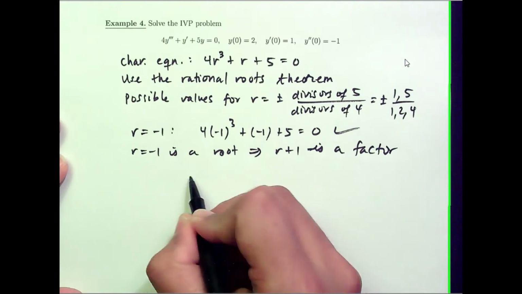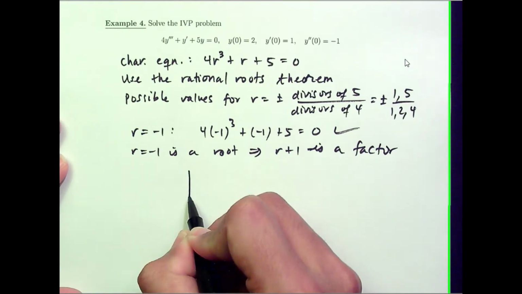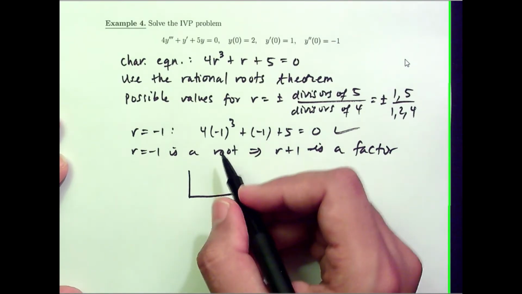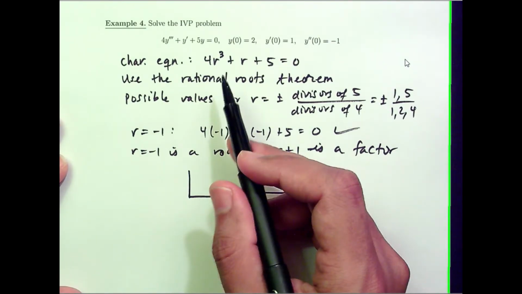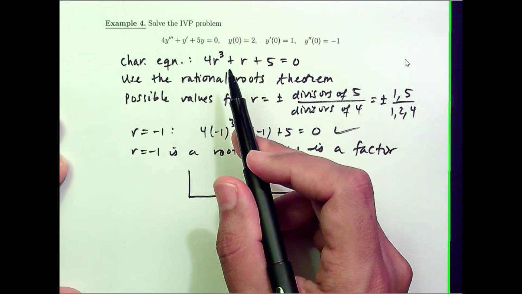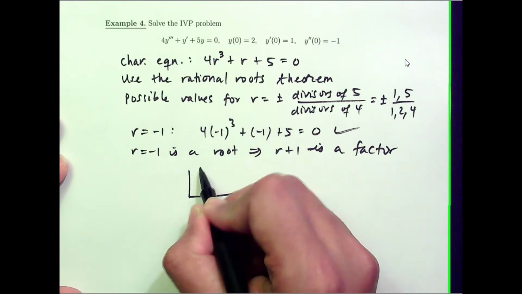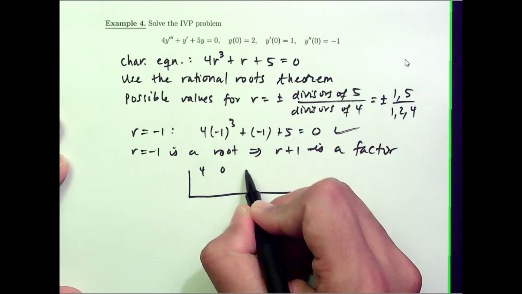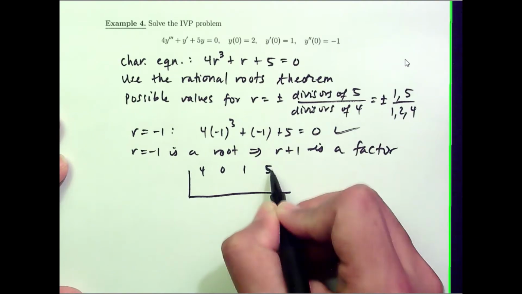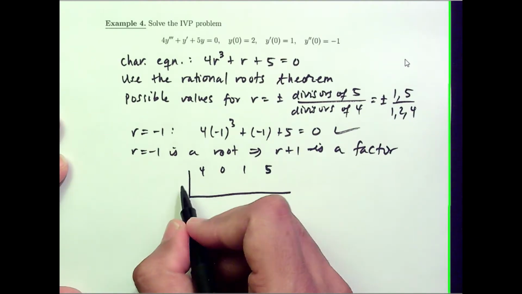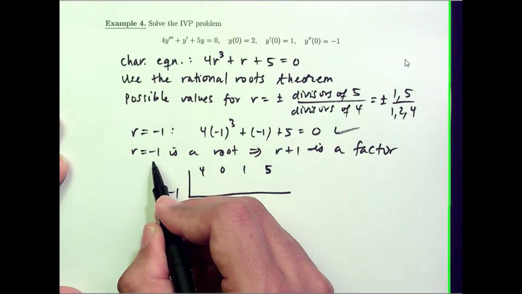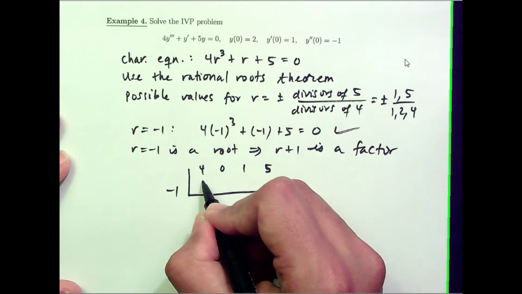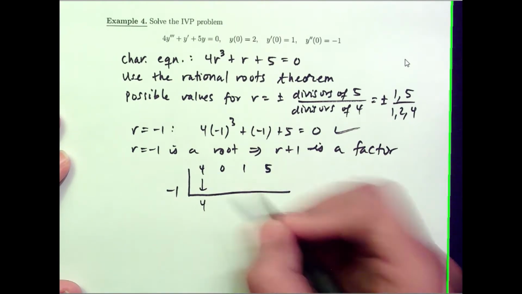All right, so let's do synthetic division. Getting ready for that, I write here the coefficients of the polynomial, remembering to fill in any missing terms with zeros. So you would have 4, you have to put a 0 because the quadratic term is missing, and then 1 and 5. And outside you put -1, which is the root. First step, you bring that down, that's a 4.